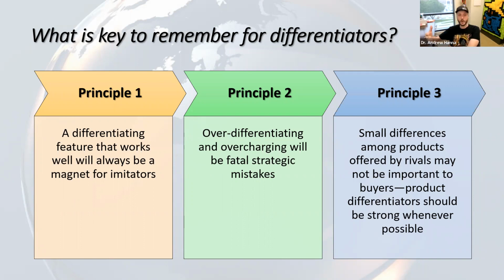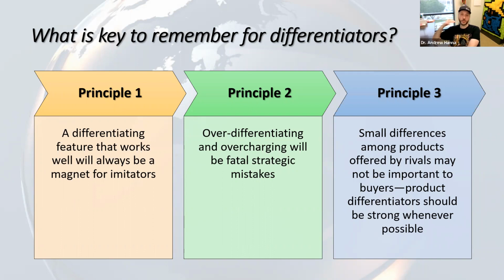So we've already talked about the second principle: being careful about how much we charge for things, or over-differentiating things to the point where people don't even know what kind of value we provide. And then this last principle we want to keep in mind: small differences amongst our products may not always be really important to our end users, right?